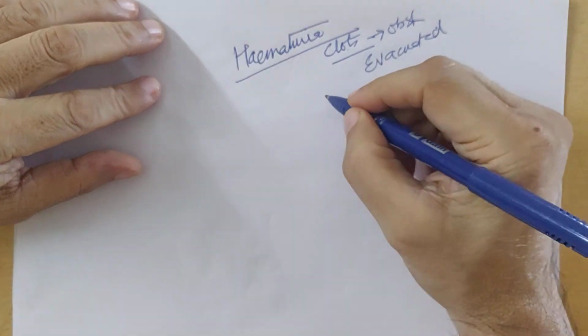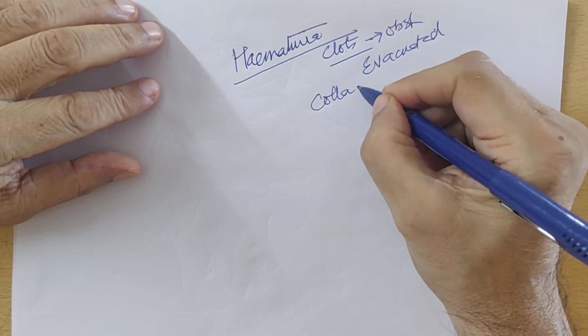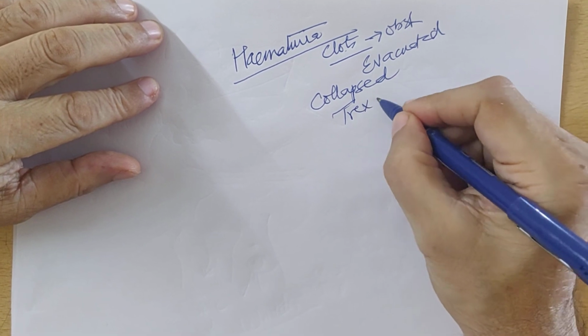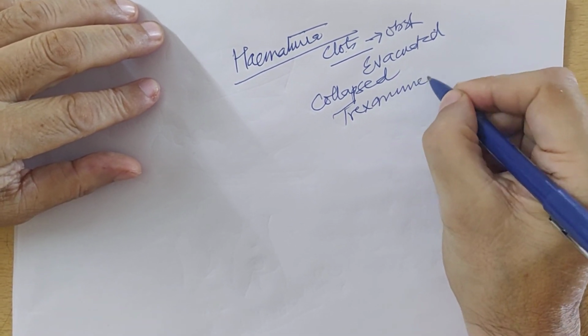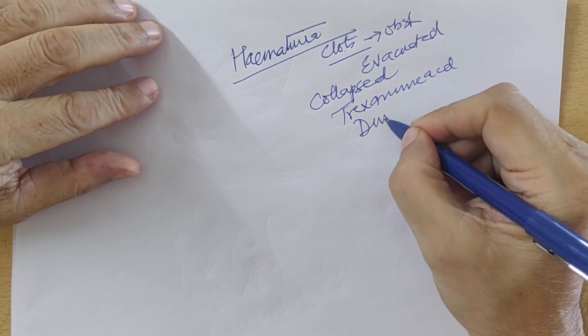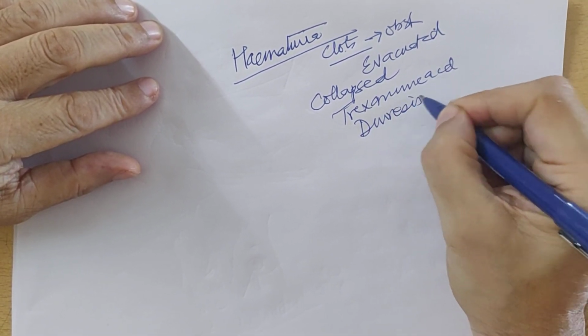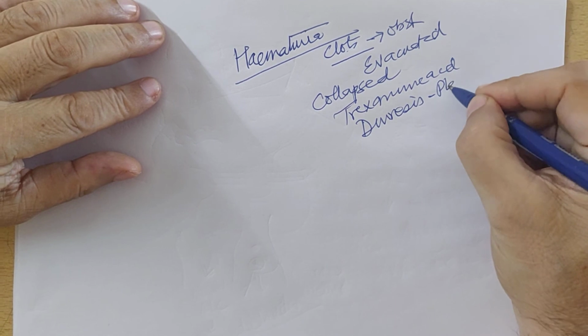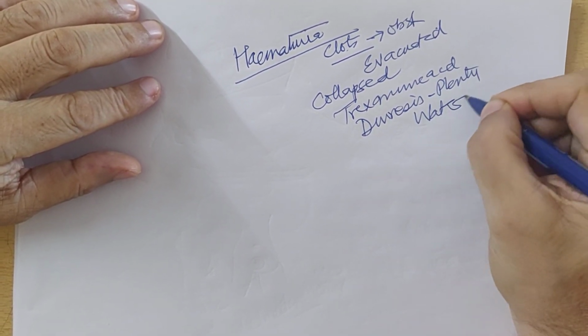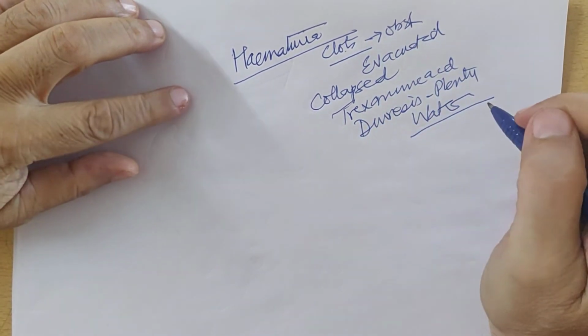And if you keep the bladder collapsed, use drugs like tranexamic acid and produce diuresis by plenty of water, then hematuria can be arrested.